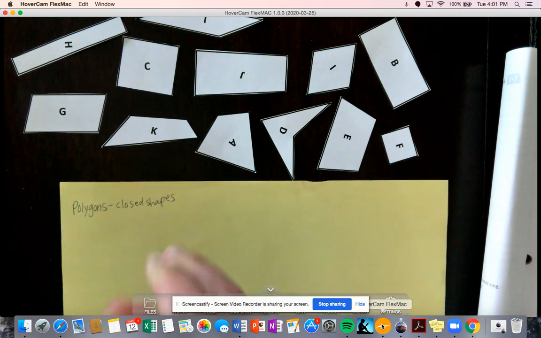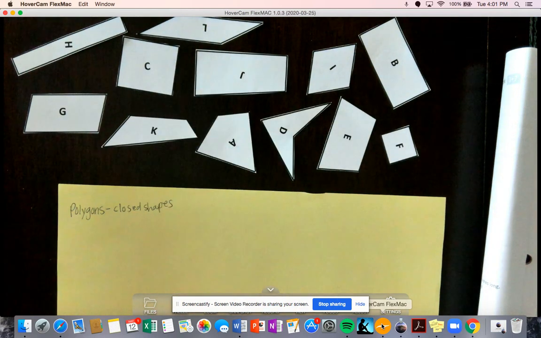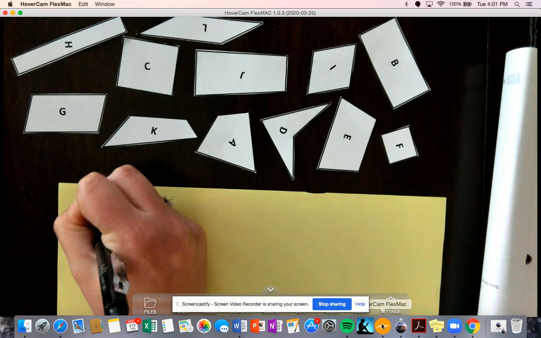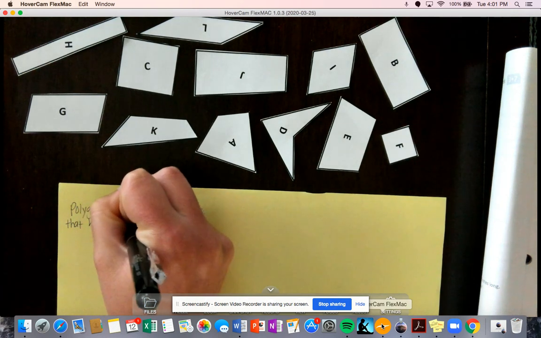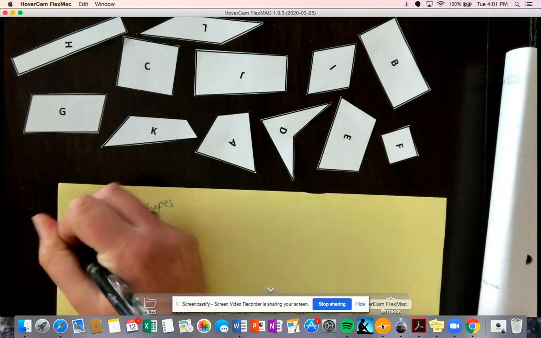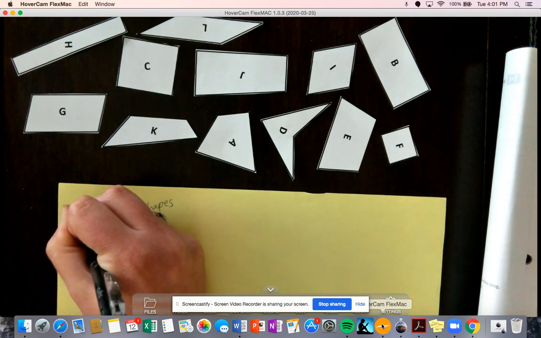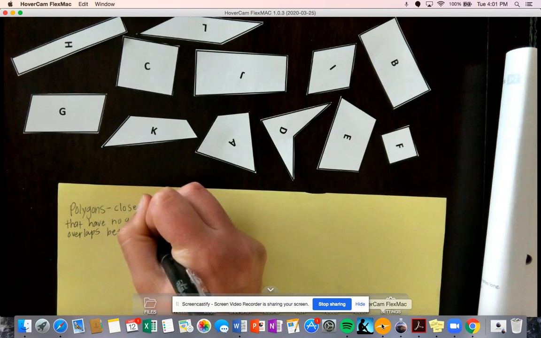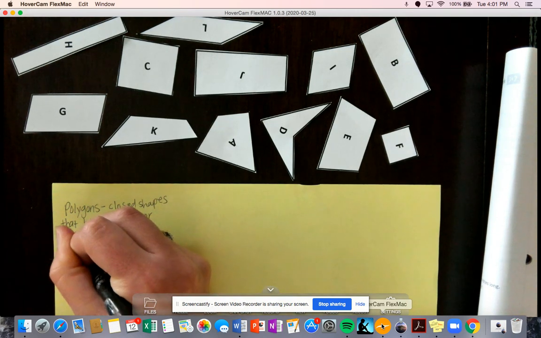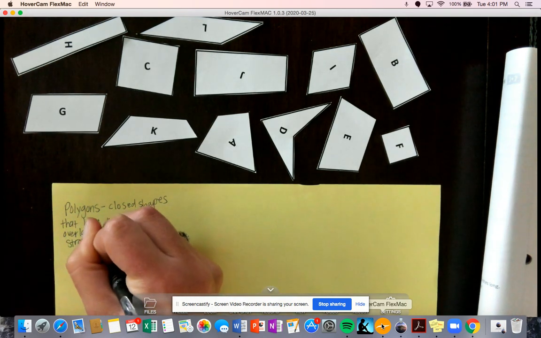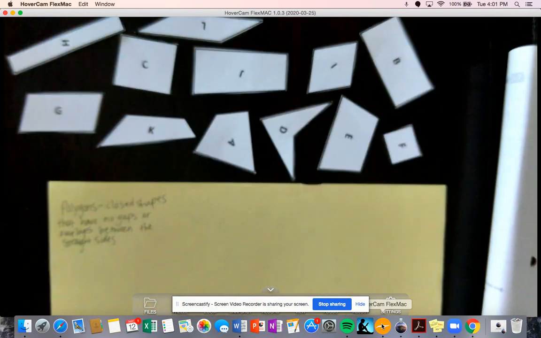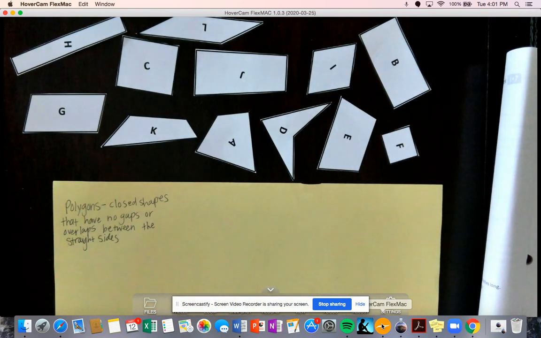So you can see that these are all closed, they all connect, that have no gaps or overlaps between the straight sides. So every single one of these shapes is a polygon. Now we're going to work on classifying these polygons further.